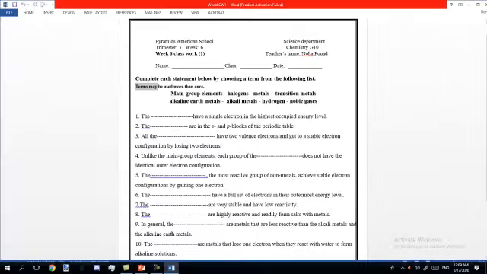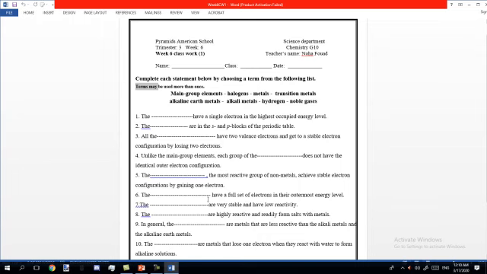Number 9, in general, the dash are metals that are less reactive than the alkali metals and the alkaline earth metals. They are metals, but not as reactive as the alkali metals or the alkaline earth metals. What are the metals in the periodic table except those? They are, of course, the transition metals. So in general, the transition metals are metals that are less reactive than alkali metals and alkaline earth metals.